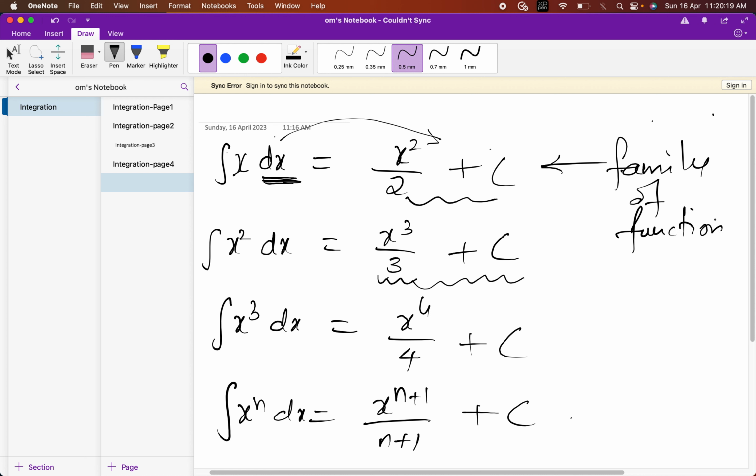That means all quadratic equations of the form x square by 2 plus c, where c can be anything, positive, negative, 0, the derivative will still be x. Similarly, x cube by 3 plus any other number will also have derivative x square. So integral should not only accommodate one answer, but a family of such functions.